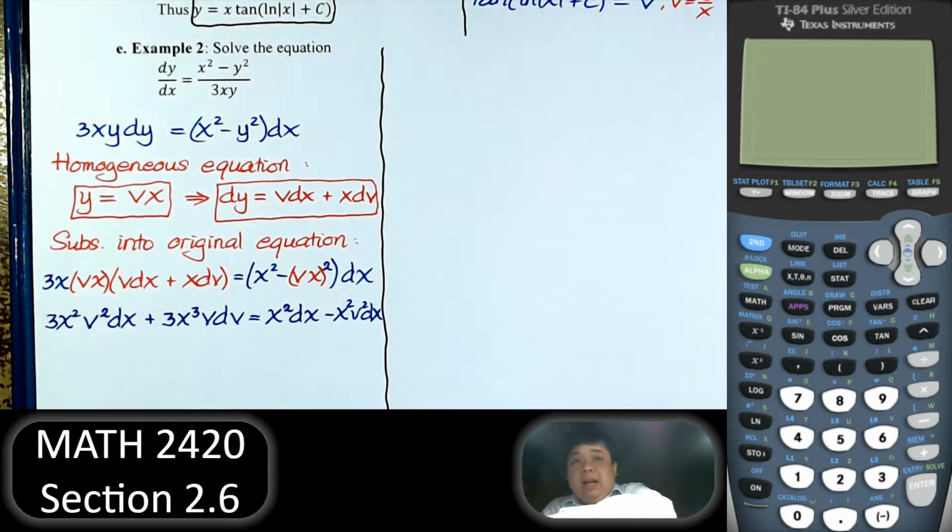Now, because this is a homogeneous equation of order 2, we should divide both sides by x to the order 2, so x squared. When we rewrite, we should be able to divide by x squared on both sides.